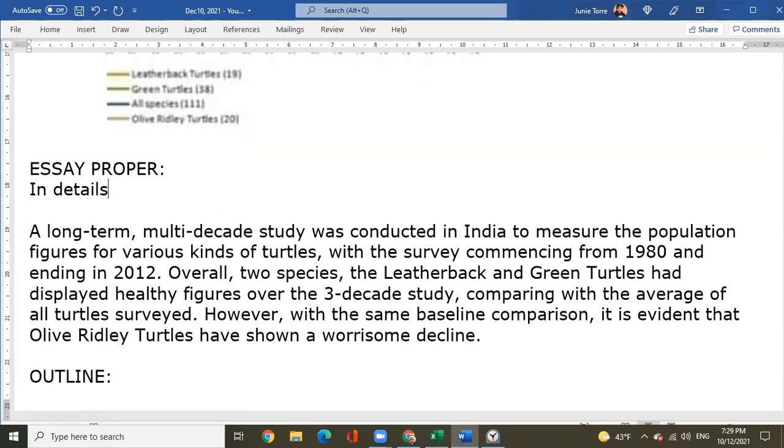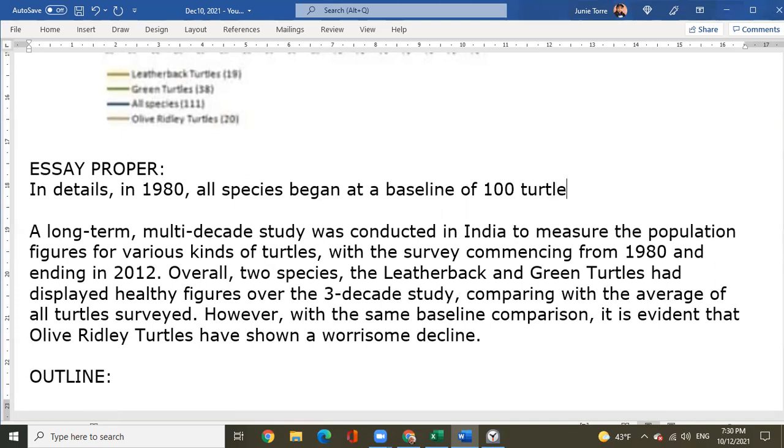In 1980, all species began at a baseline of 100 turtles each. If you noticed, I used the simple past for that, right? Simple past.